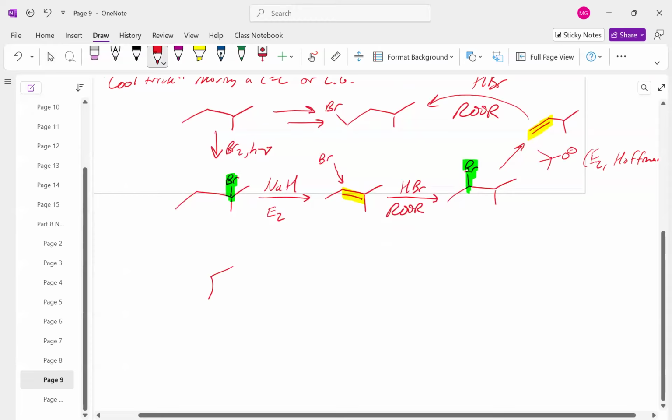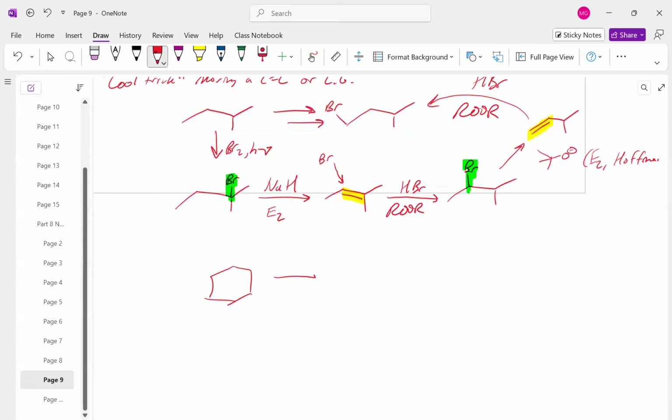Now let's look at another example. Okay, so we want to get from this cyclohexane to this dialdehyde. And what I want you to do is think about all the reactions we talked about.